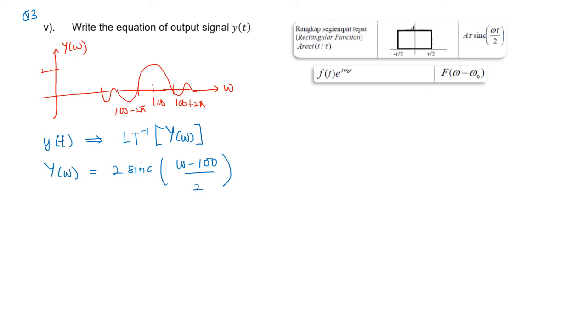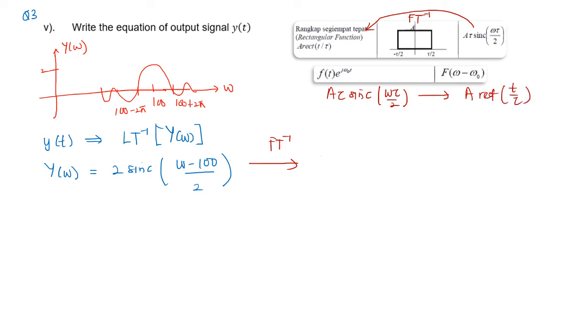So this is basically equal to the inverse transform, meaning that you look at the table and it reverses back. So this is the inverse Fourier transform. For the inverse Fourier transform, A tau sinc function of omega tau over 2 will produce A rectangular function of t over tau.